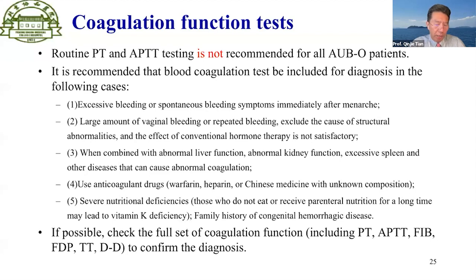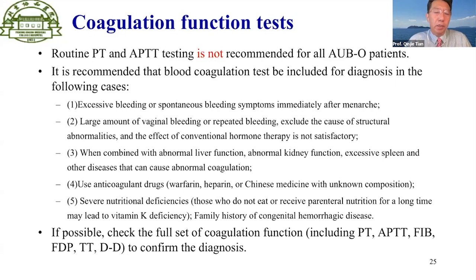Number one, experiencing excessive or spontaneous bleeding symptoms immediately after the menarche. Second, presenting with substantial amounts of vaginal bleeding or recurrent bleeding after excluding structural abnormalities as a cause, and when the effectiveness of conventional hormone therapy is unsatisfactory.